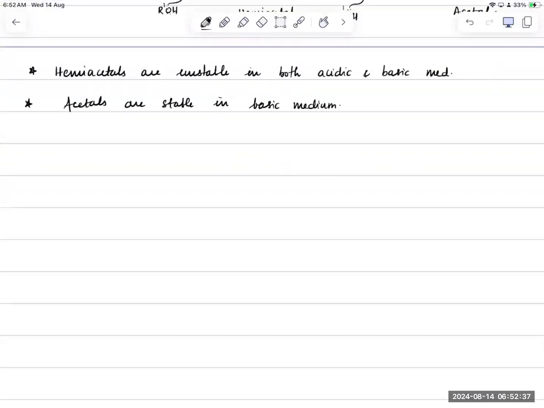Now, by chance, if you try to make ketones work on it, that is R-OH of 2 moles using dry HCl to get the acetal here, OR dash and OR dash plus H2O.